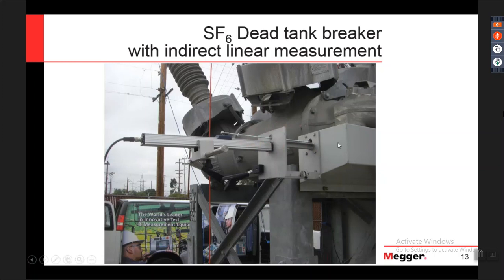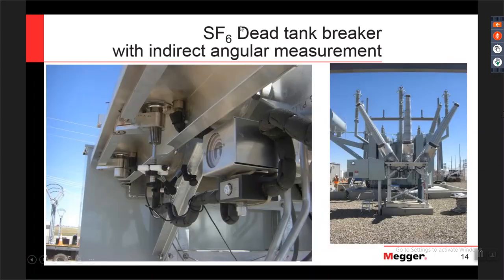There is some link system in here that you use to measure. Another example, another dead tank breaker.